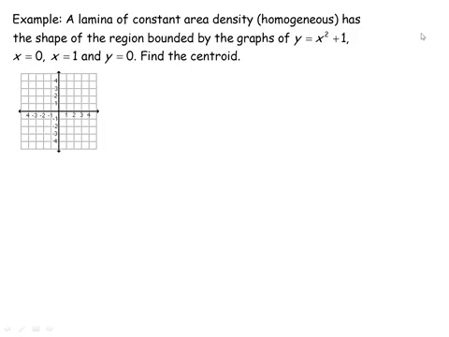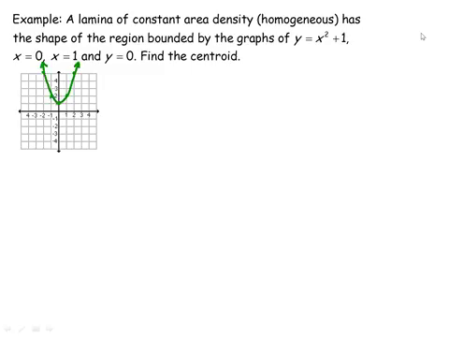Now, everybody sitting in this room should know how to graph those. X squared plus 1 is going to be a parabola, with a vertex shifted up 1. So there's your parabola.